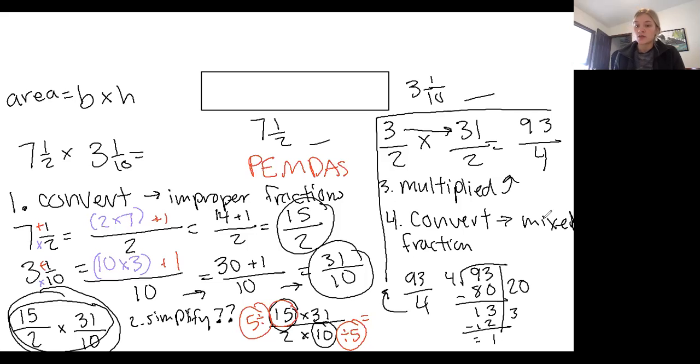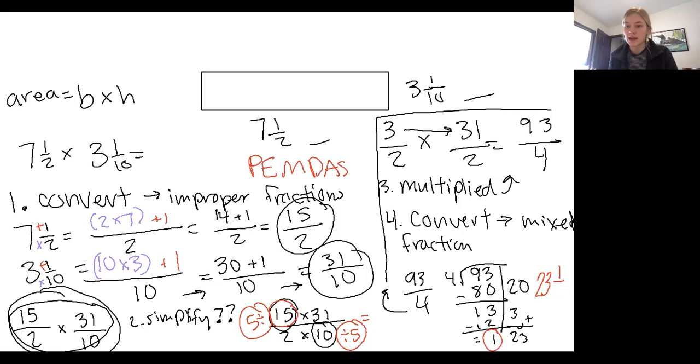Okay, so in order to make a mixed fraction, we need to figure out our whole number. So how many entire or whole times did 4 go into 93? Well, I see that it went into 93 23 times. So 23 would be my whole number, and my numerator actually would be my remainder.